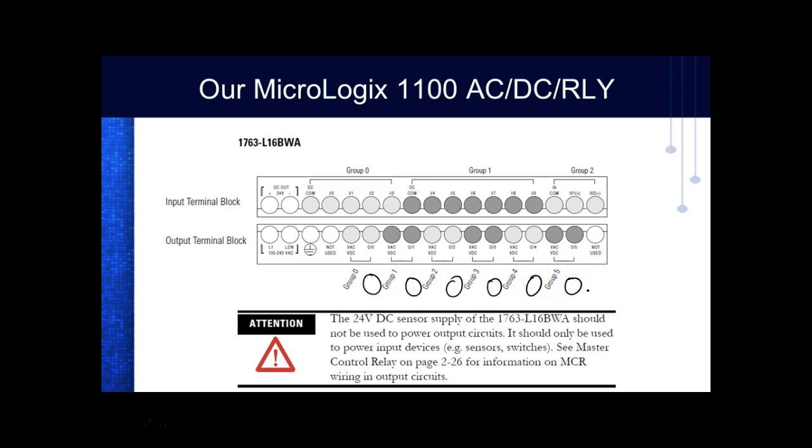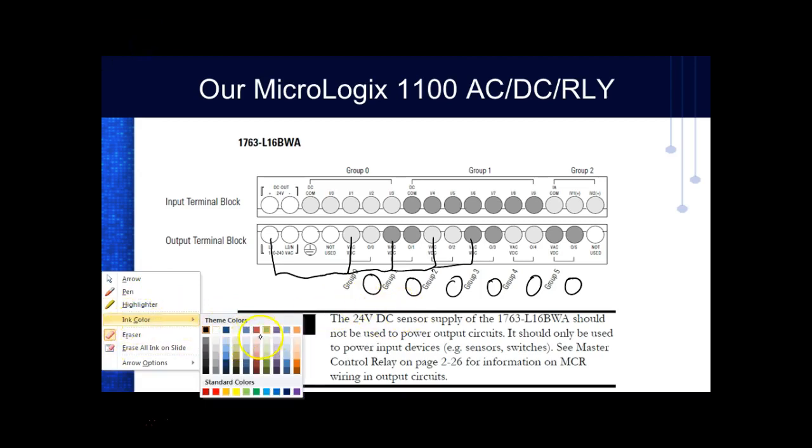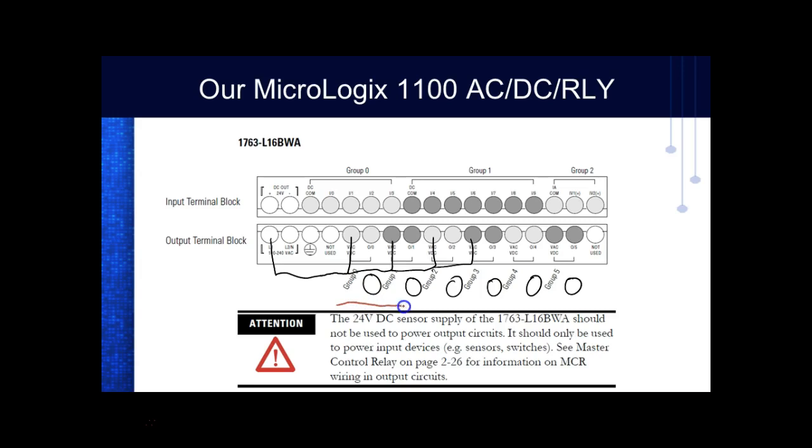So what we do on AC, if this is AC, then I would take L1 and run it right here, right? I'd run it right there. I would jump it to here. I would jump it to there. And then down here, I would take my neutral. I don't need to take them all out, so I'd put a jumper down through there. And then I would have my common running out here. And then what would I bring down here?